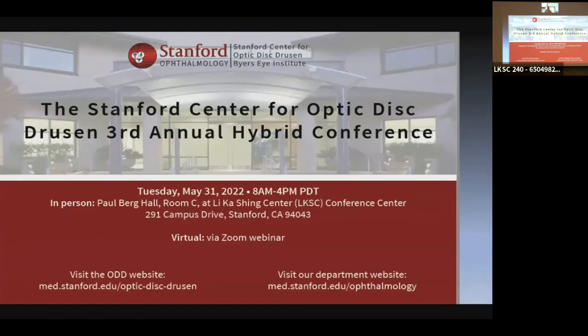Regarding the autofluorescence, of course, the challenge is when the drusen are very deeply buried. And just a comment that we did a study once where we looked at the distance from the inner limiting membrane down to the top of the drusen, and we found a cutoff to be 1.5 millimeters. So if you had a solitary drusen lying below that level, 1.5 millimeters, they were not detected by autofluorescence at all.